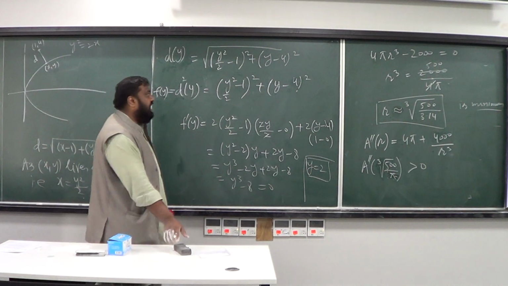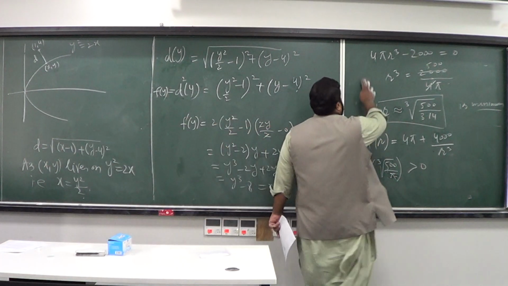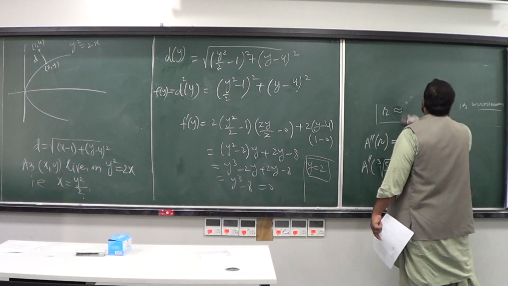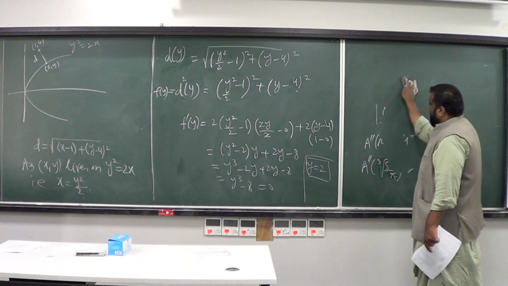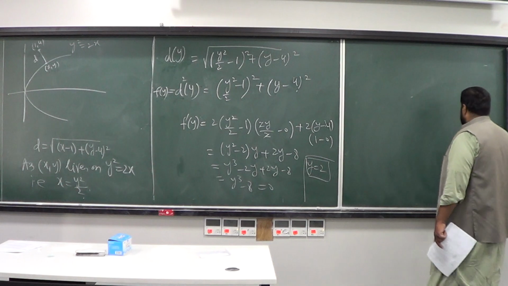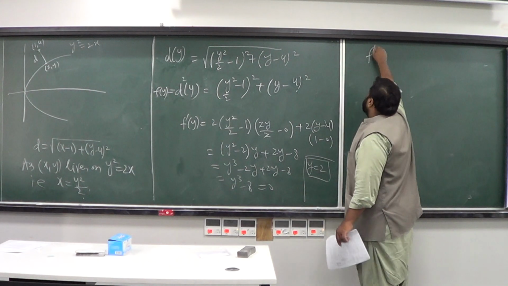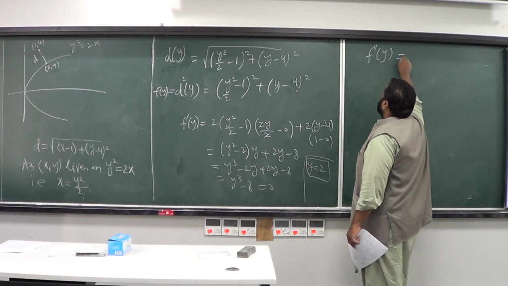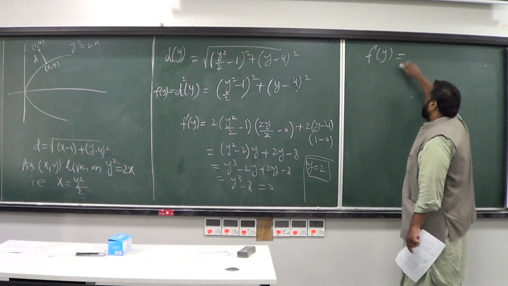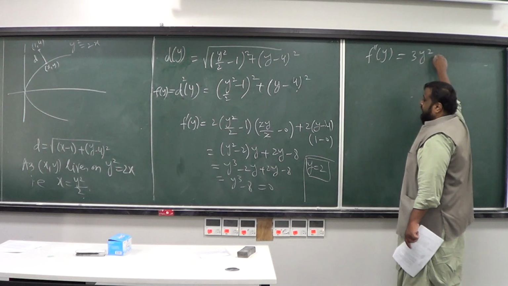Once you have this, I want to check whether this y gives me the maximum value or the minimum value. In order to compute this, I can apply the second order derivative test. Let's calculate the second order derivative, which is going to be 3y square.